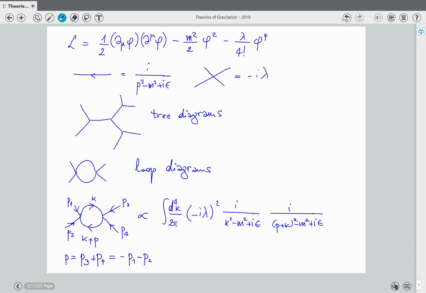So k is called a loop momentum, and that is the momentum of a virtual leg, because it's not on shell, it's inside the diagram, and doesn't have to satisfy the on-shell condition, so you have to integrate over all of them. Now the point is that this integral is ill-defined, it's divergent.